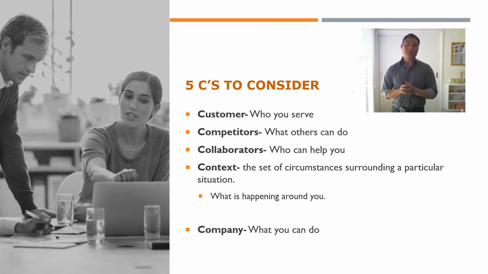So you'll already notice that a lot of the stuff you need to consider within marketing strategy is external to the company, right? It's about the customers, the competitors, your potential collaborators, and the context. Whereas only one part of it is about what you can do as a company. And so placing emphasis on the first 4 C's, which are external to the company, is what we call outside-in marketing.